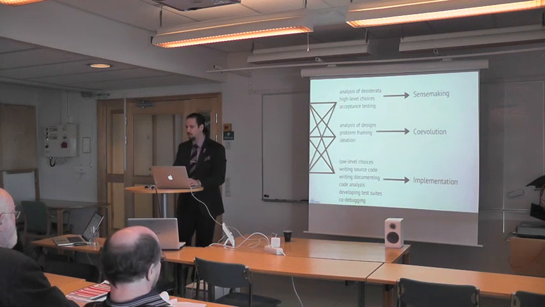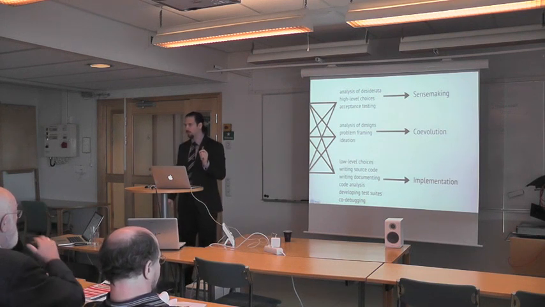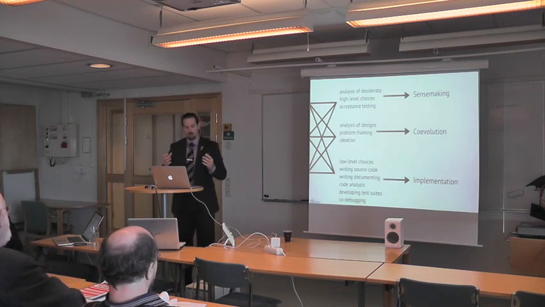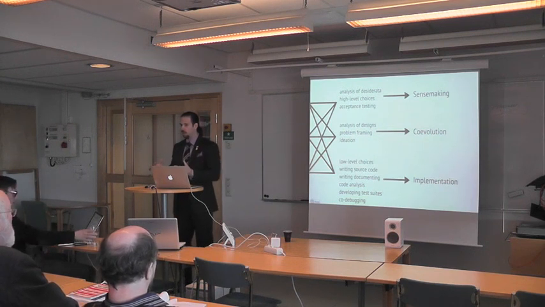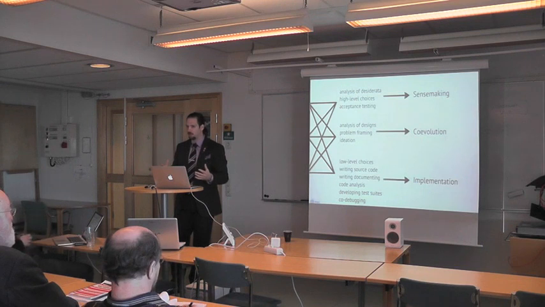The tricky one is coevolution. Coevolution is an observable thing. You can watch people do coevolution meetings, but if you didn't know the word, you wouldn't know what to call it. So coevolution is when you have ideas about the problem and ideas about the thing you're going to build, and you oscillate between them. This is a very well researched idea in the interdisciplinary design literature, Nigel Cross, Donald Schön, and that crowd.